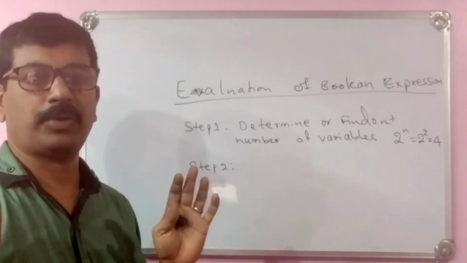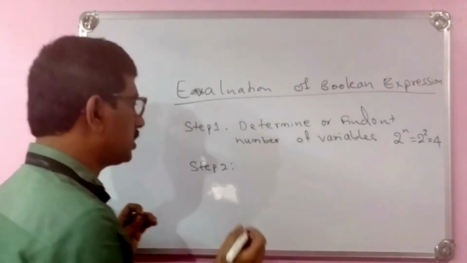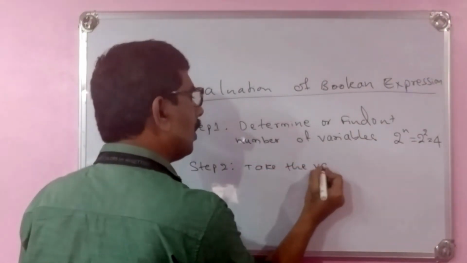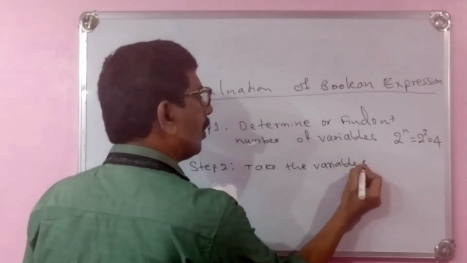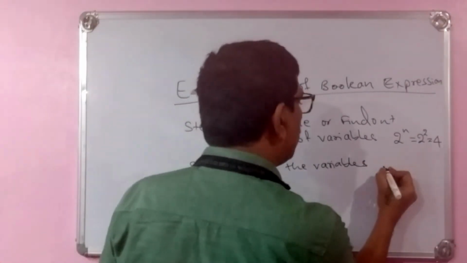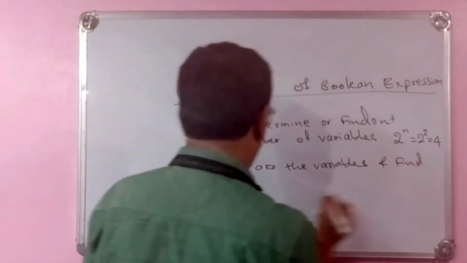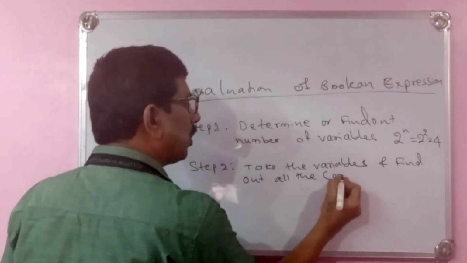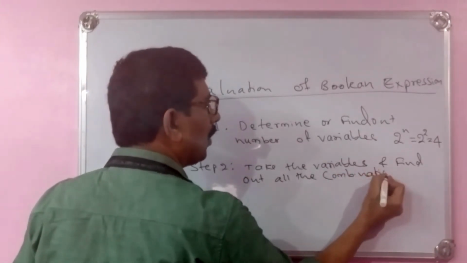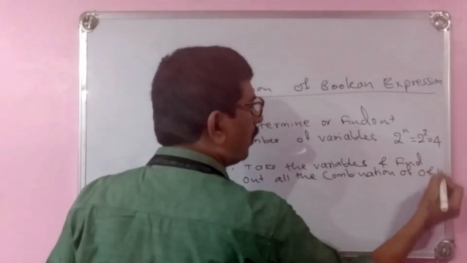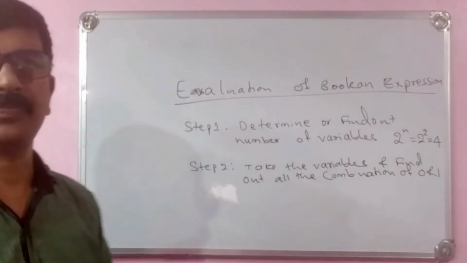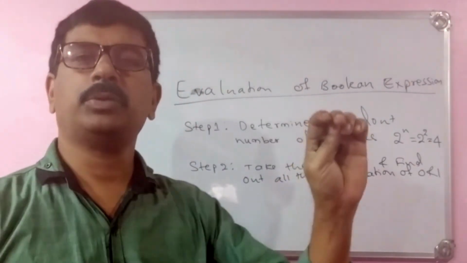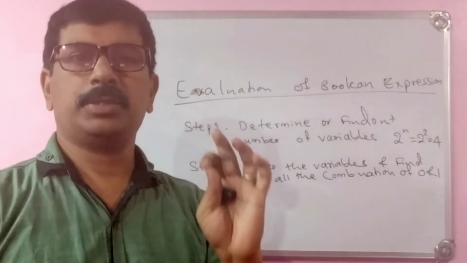List the variables and find all the combinations of 0 and 1 for those variables. That is step 2.